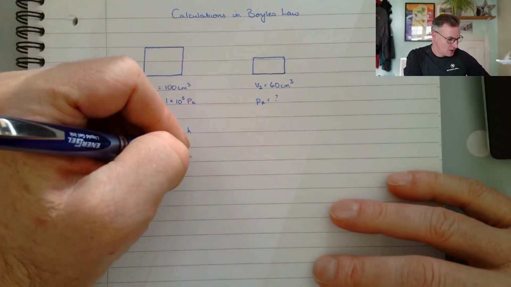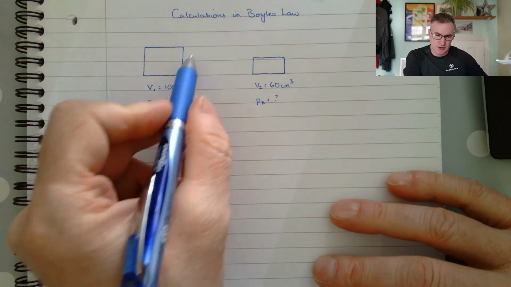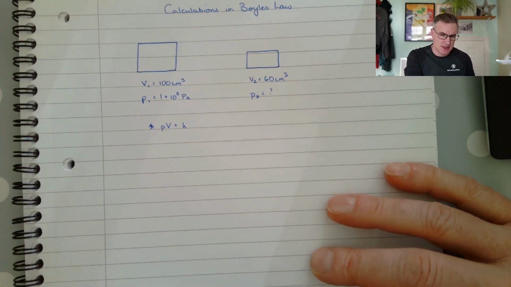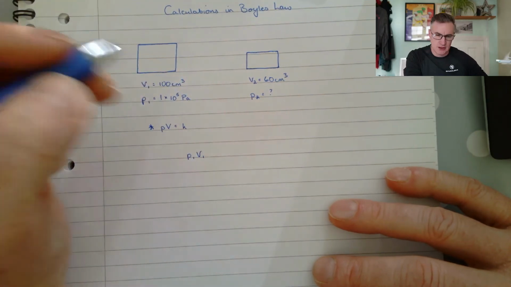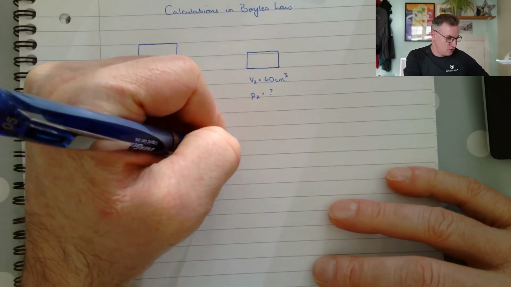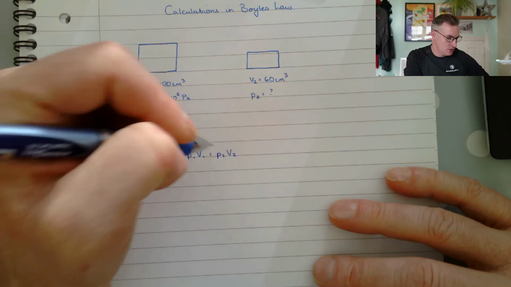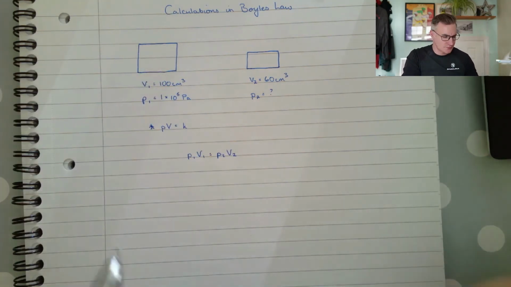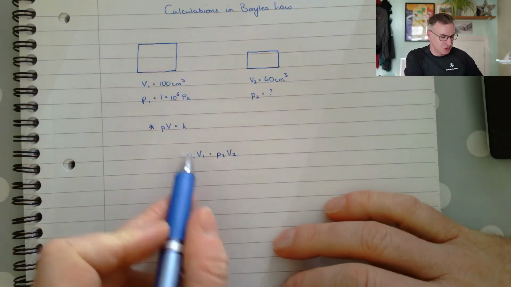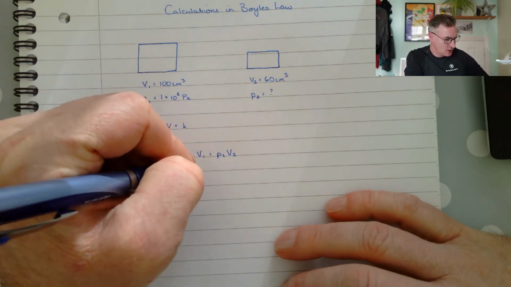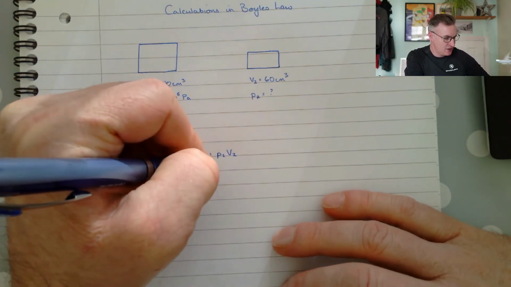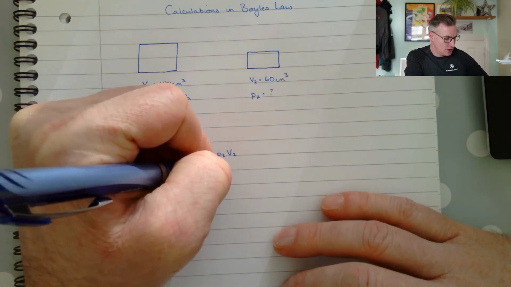But the equation that we would have for Boyle's law, if this was the question that we were trying to answer, we would then just write P1 V1 is equal to P2 V2. We make our substitution, just with the numbers. So we're going to have 1 times 10 to the power of 5 times 100.